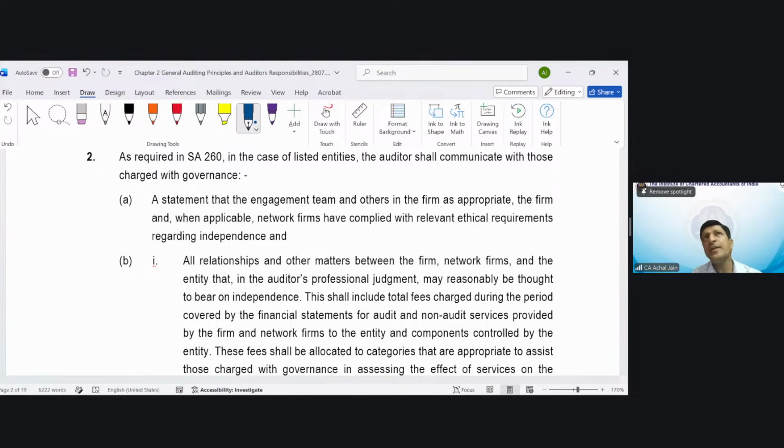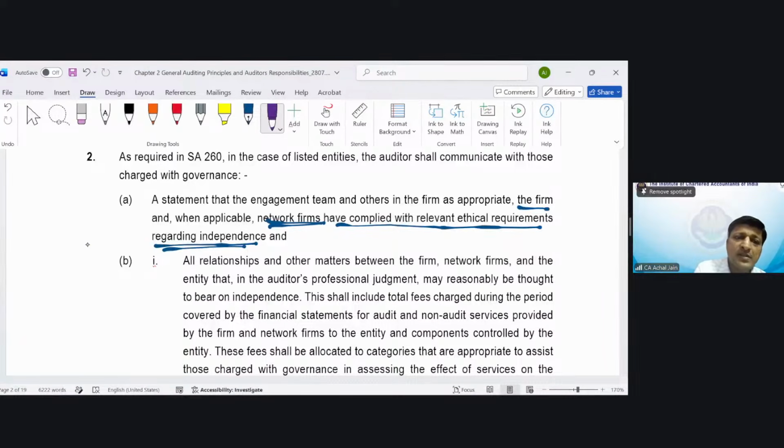Let's look at these requirements. A statement that the engagement team and others in the firm as appropriate, the firm itself, network firms, wherever applicable, have complied with relevant ethical requirements. And of course, the fundamental principle is what? Independence.